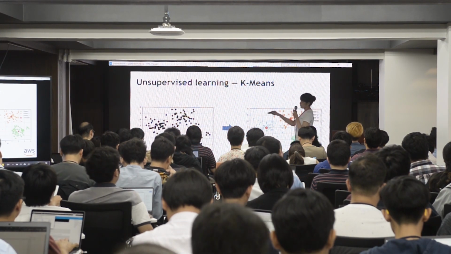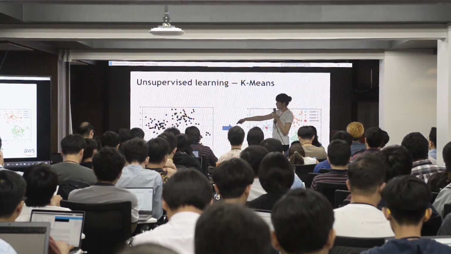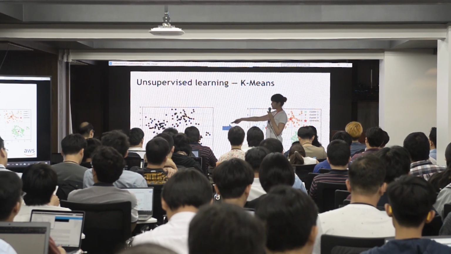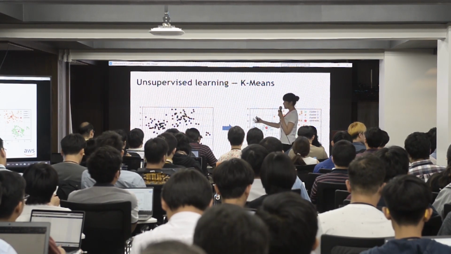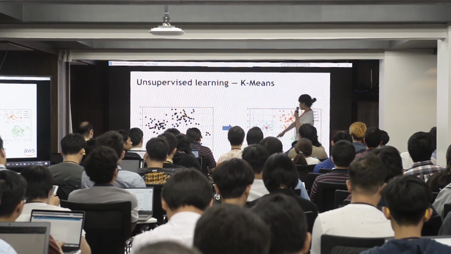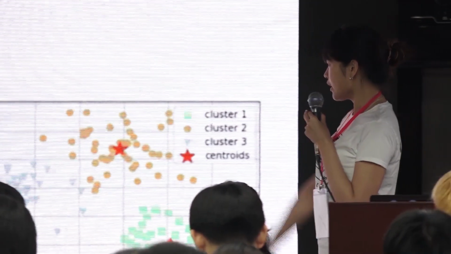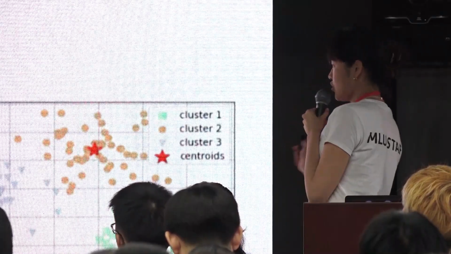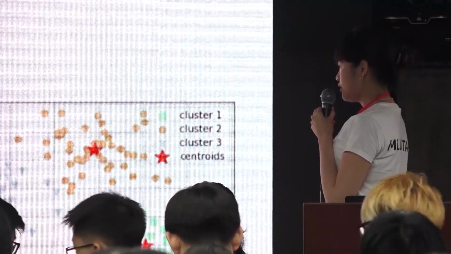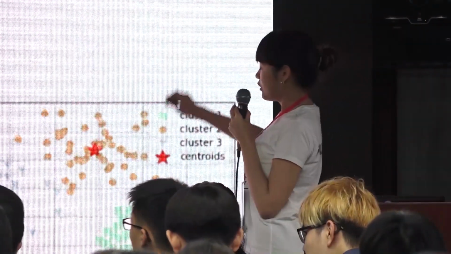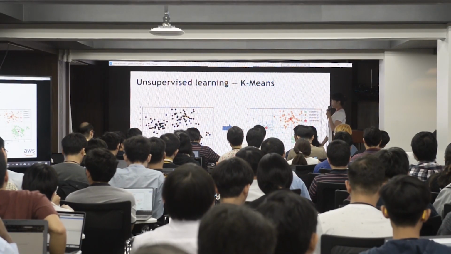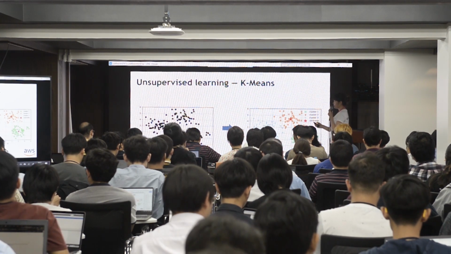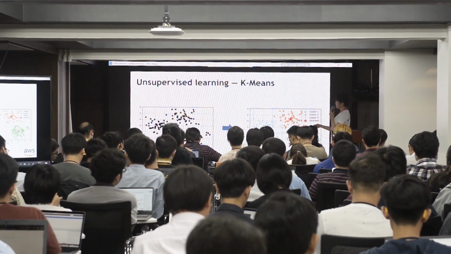You can do maybe a straight linear split on the left-hand side into two groups, or you can choose the number of clusters to be three, like the right-hand side, where you have blue, orange, and green. And you have the centroid, which is your choice for your cluster. So what is this algorithm really doing? What is happening?